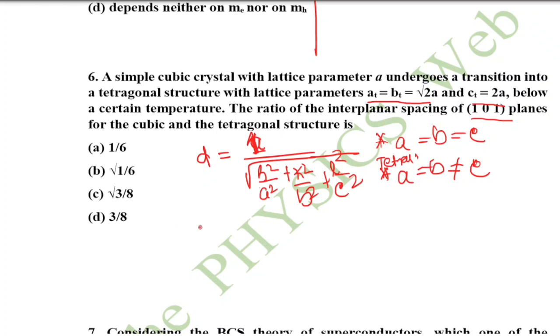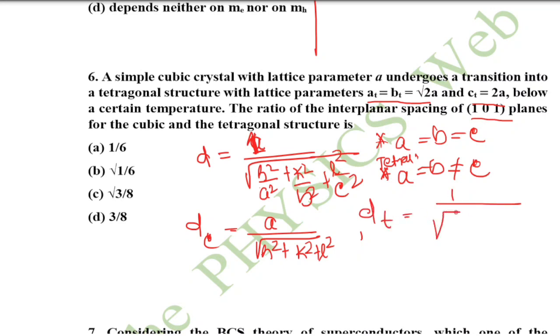So for cubic it will be d = a/√(h²+k²+l²), and for tetragonal it will be 1/√((h²+k²)/a² + l²/c²). Now we can put the values of HKL, that is 101, and the values of aT and bT for tetragonal from the given values.